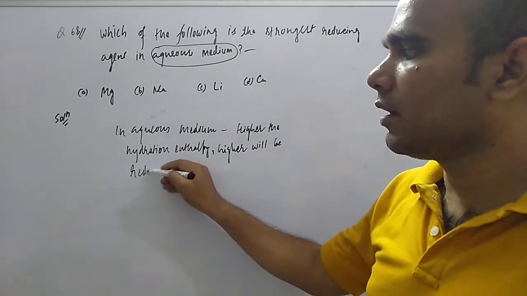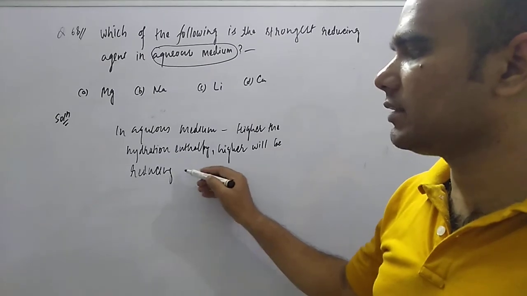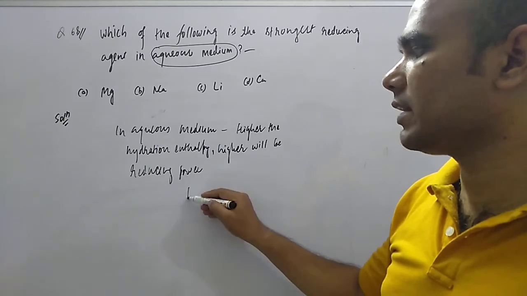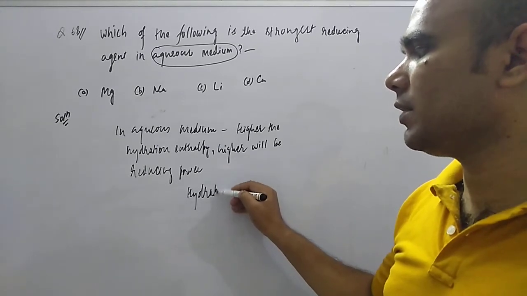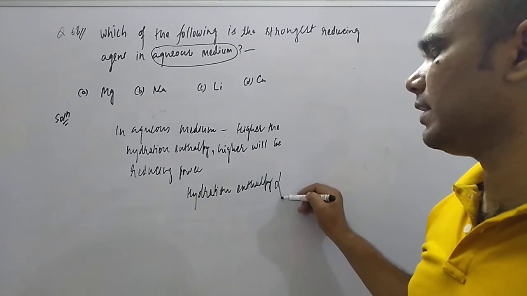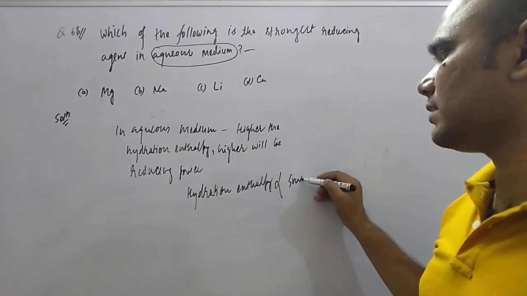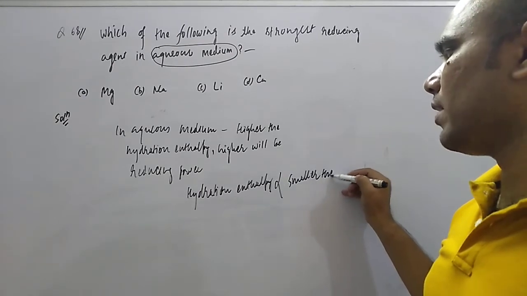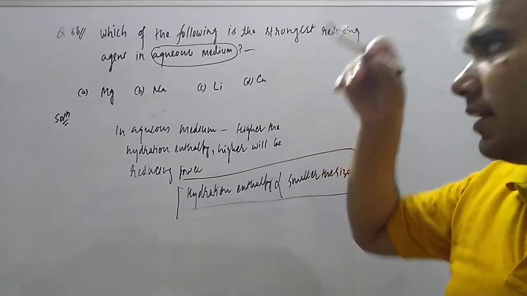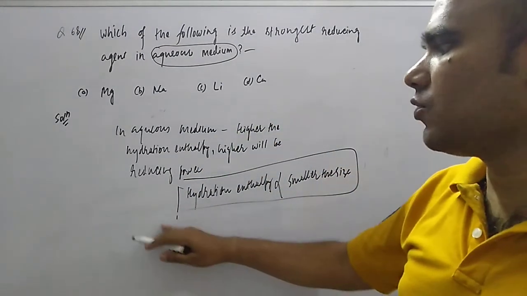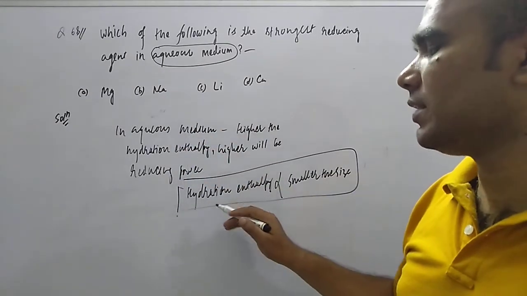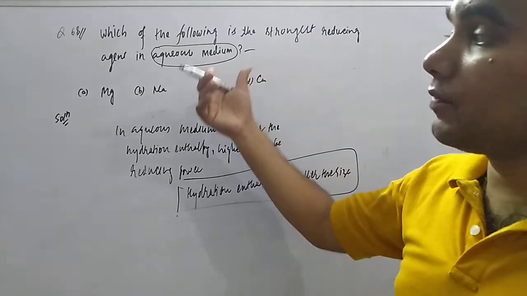Now dear student, now you have to find out the hydration enthalpy. Hydration enthalpy in aqueous medium is proportional to what, student? The smaller the size, the more easily it will hydrate. Like lithium hydrates, meaning more energy will be released. Whenever you put a metal in water, energy is released. So the smaller the better, more energy is released.